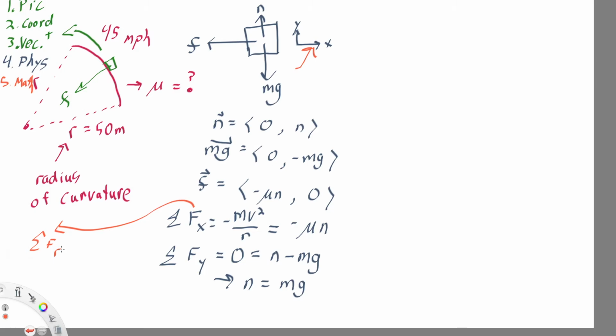We've only got one force that can possibly do the work for us. In a bit, I'll share another problem, and there is definitely a possibility that we would have other forces helping us to provide the necessary centripetal force, but in this case, we don't.